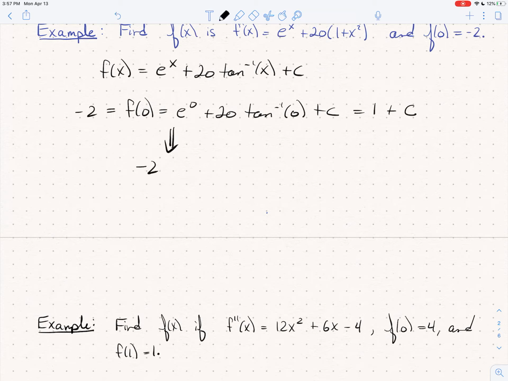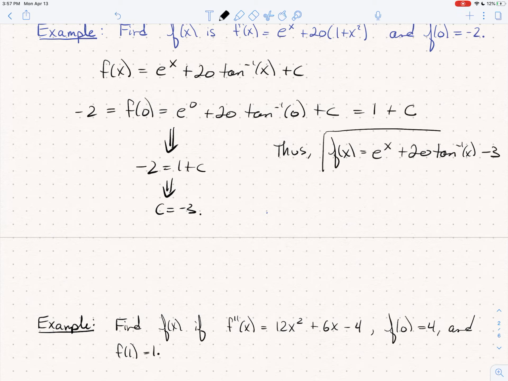So that means that negative 2 is 1 plus c, so c is negative 3. And now you can write down exactly what f is. Thus, f of x is e to the x plus 20 arctangent of x minus 3. And we'll box that and we'll end this video here.